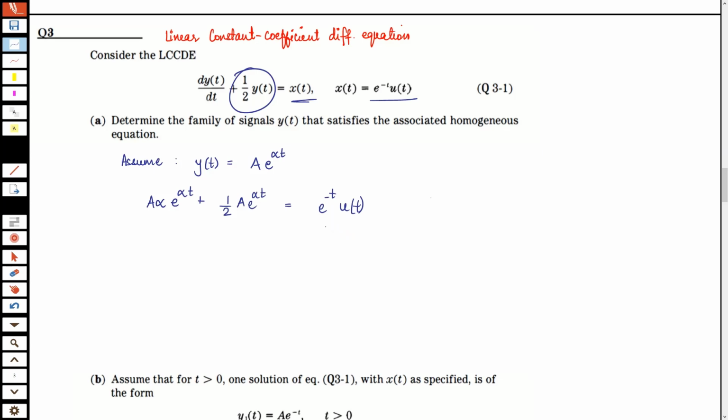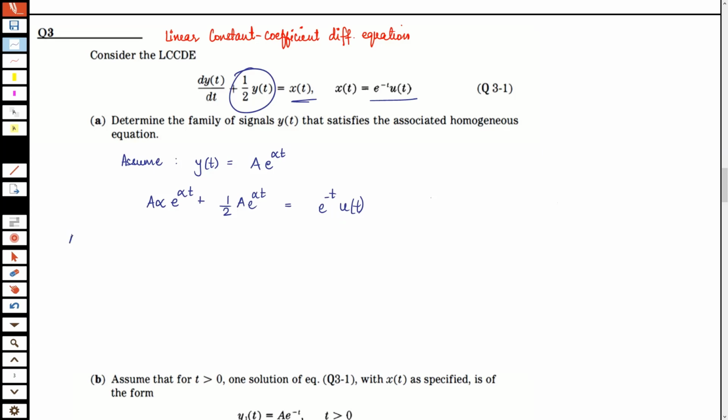Now, what do we know about this e to the power minus t u(t)? We know that it is a decaying signal and it's a right-handed signal, because it's multiplied by u(t). What do we know about it? If we were to assume that u(t) is undefined at t equal to 0, or its value is 0 at t equal to 0, then we would say this term is equal to 0, right?